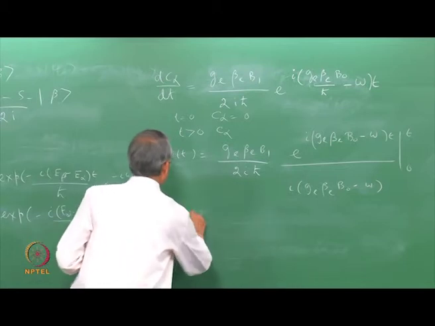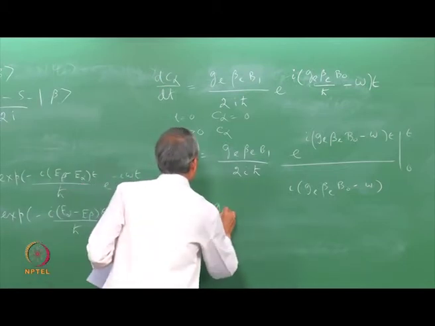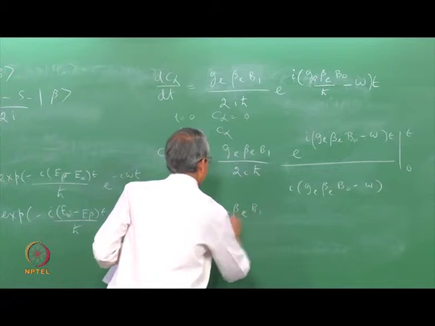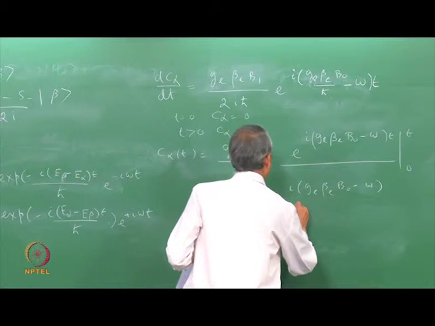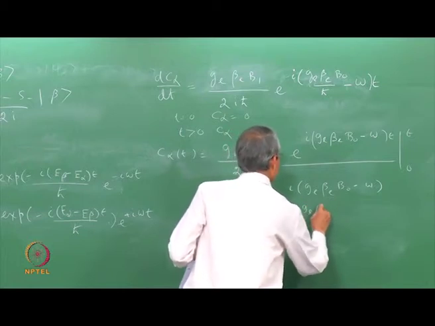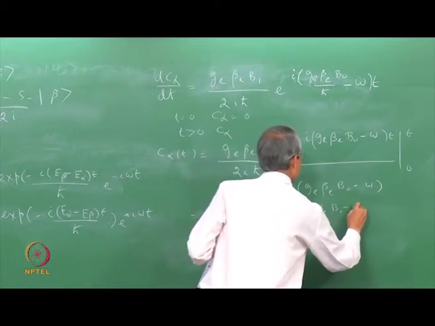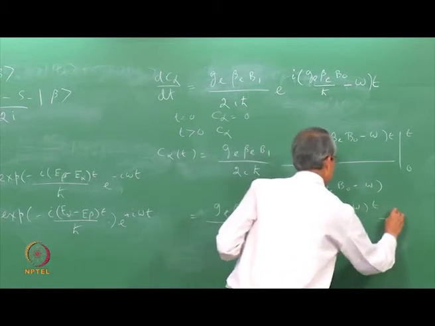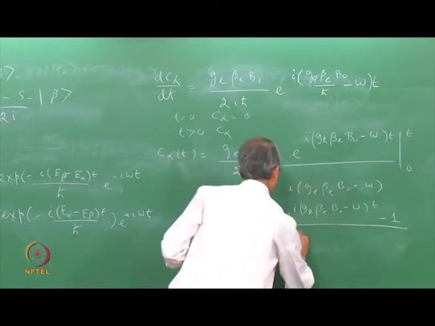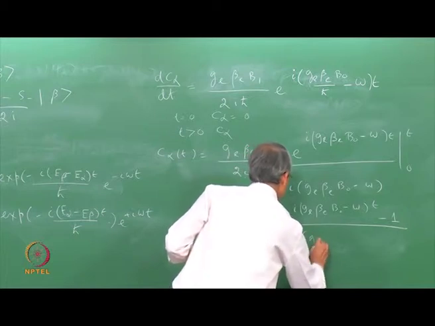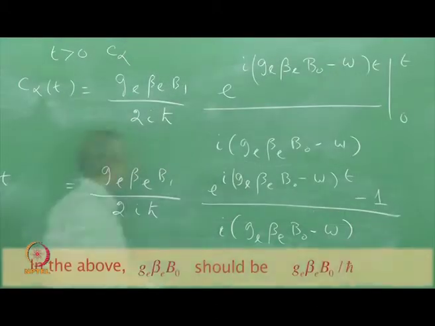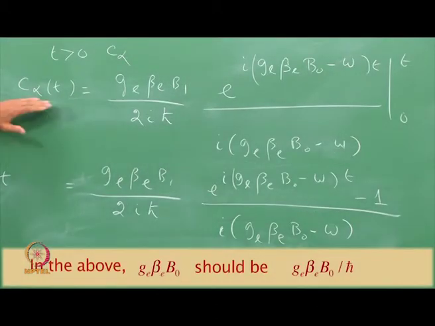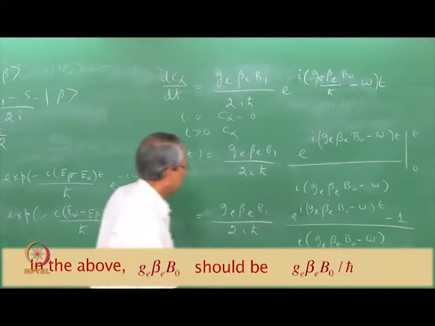Now, with the limit put there, the value becomes, so, this gives the expression of C alpha as a function of time and how it changes, and it changes in this fashion.